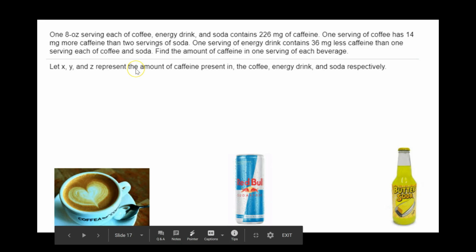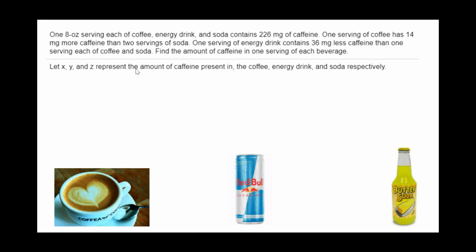Now to word problems. Obviously, with word problems, we have to actually create our three equations. There is no one way of doing any of these word problems. You just have to read it sentence by sentence and try to create an equation for it. A 1 ounce serving of coffee, energy drinks, and soda contains 226 milligrams of caffeine.